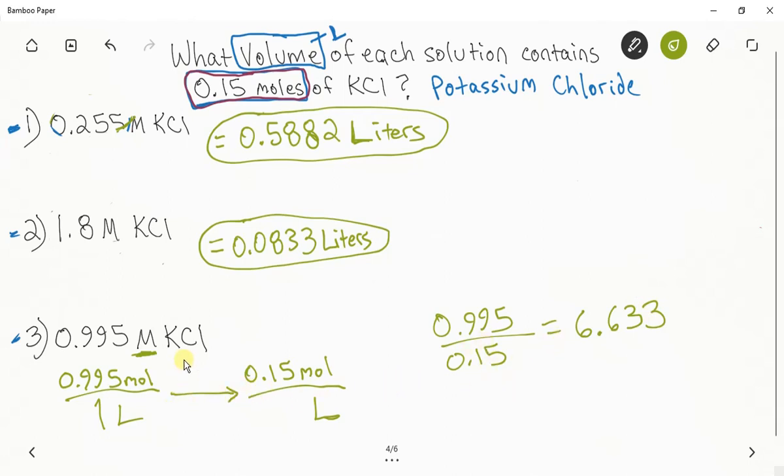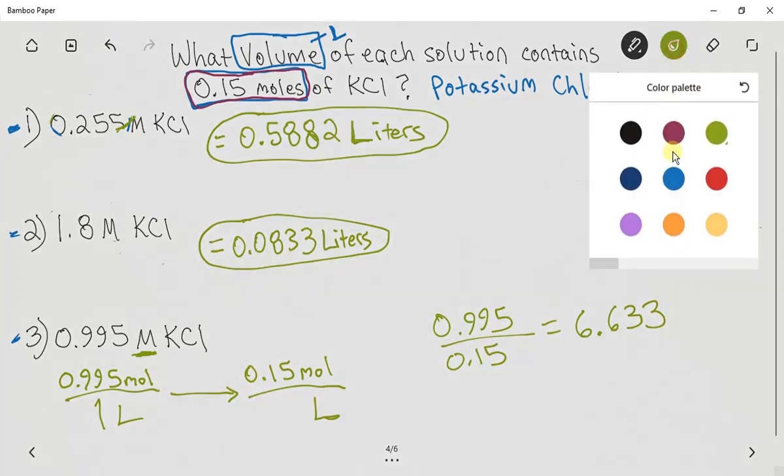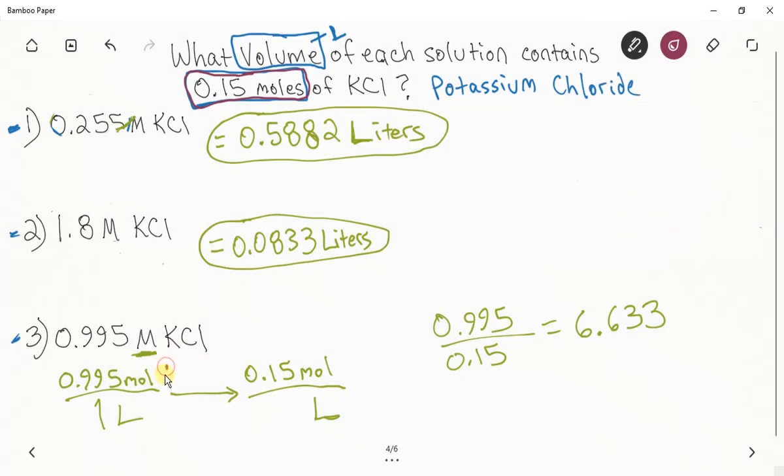So that's what we're going to do. We're going to divide this 0.995 by 6.633, and that's going to give us 0.15 moles. So what we do on the top, we have to do on the bottom. So we're going to divide this 1 liter by 6.633. So 1 divided by 6.633 is 0.1508.